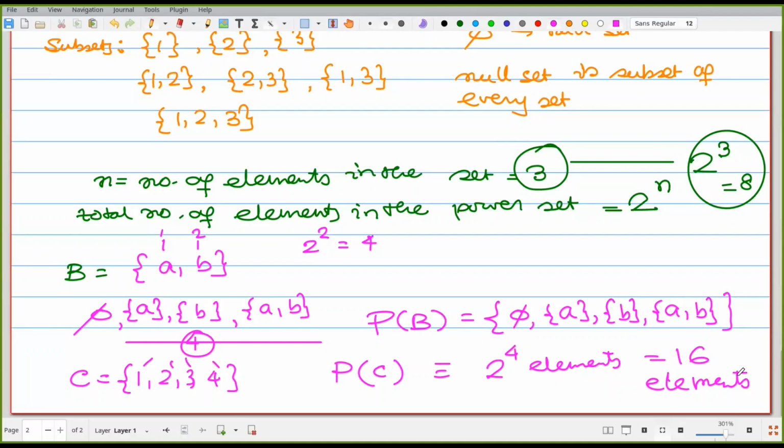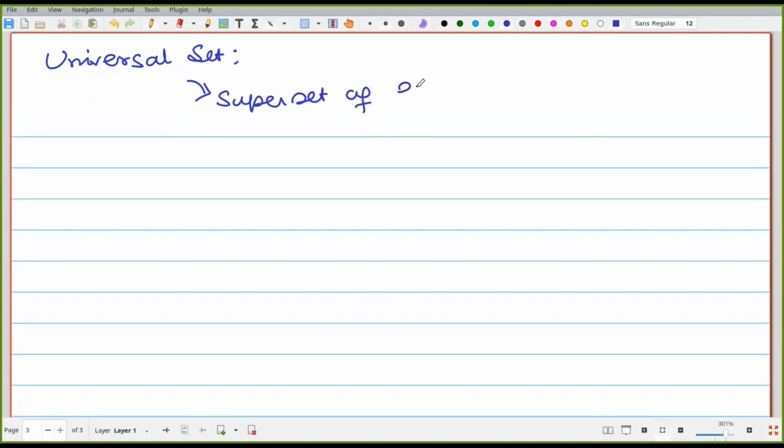Okay, now another set that is called the phi set, we know that is called the null set. Like the null set, we have the universal set. That means we can say that is the superset of every set, whatever the set we have.